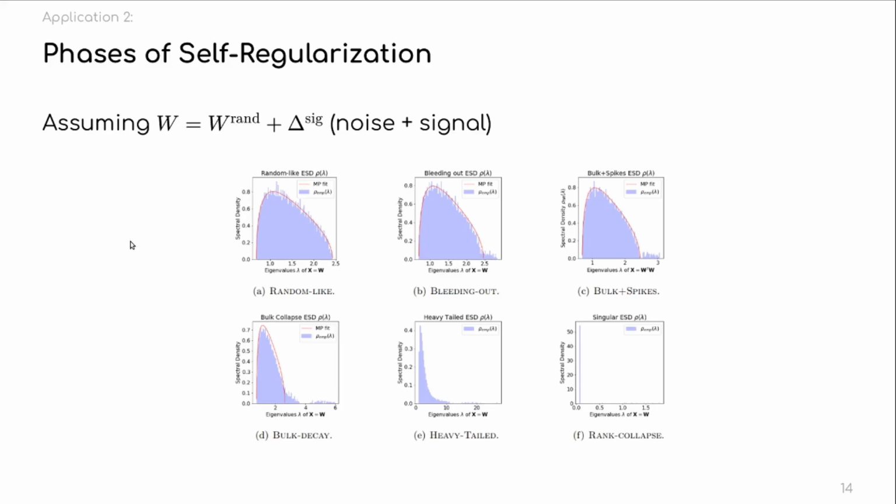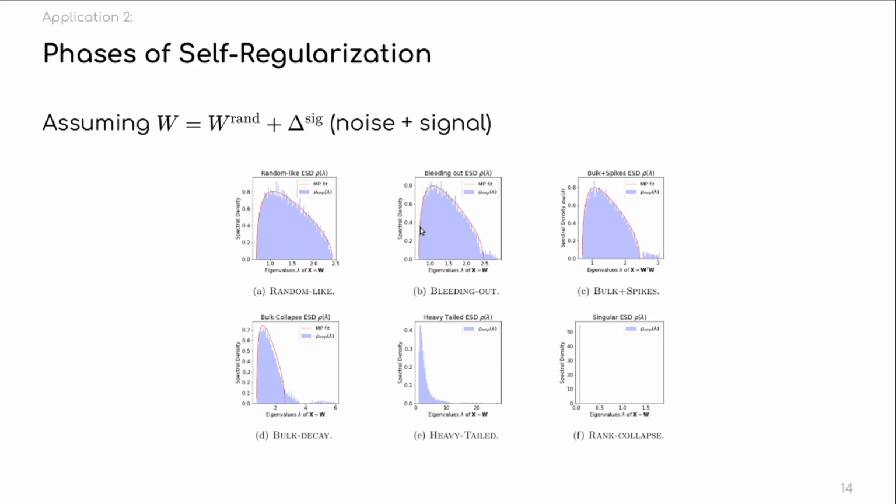That's what they call the random-like phase, because it's basically just a Marchenko-Pastur, and they also mention that you could interpret this as Tikhonov regularization. Tikhonov regularization just means either ridge regression or L2 regression, so just a bog standard Gaussian prior on your weights. If we go to the next phase, it's a bit different.